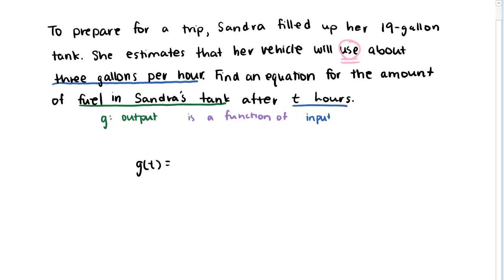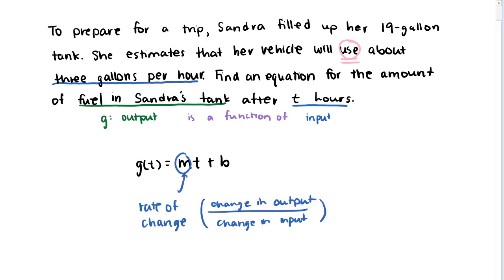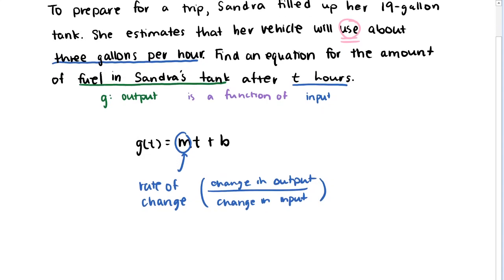So here, if I'm going to write a function m times t plus b, where m is this rate of change, then this rate of change here is negative 3. She's using 3 gallons of gasoline per hour.